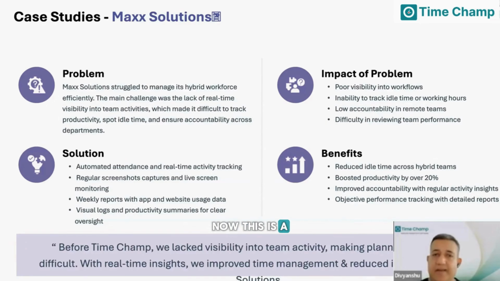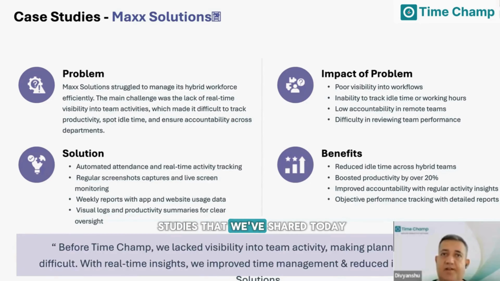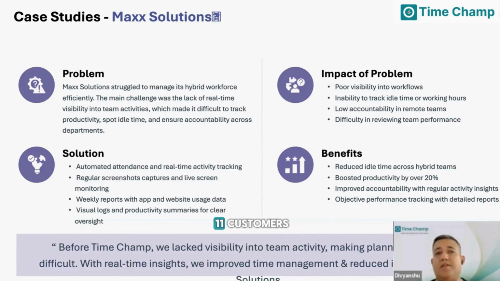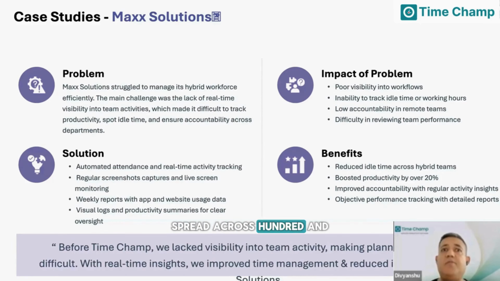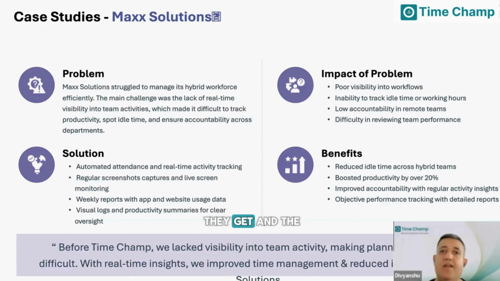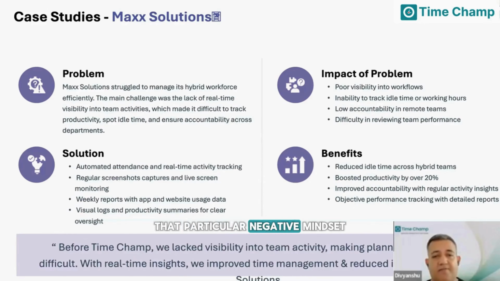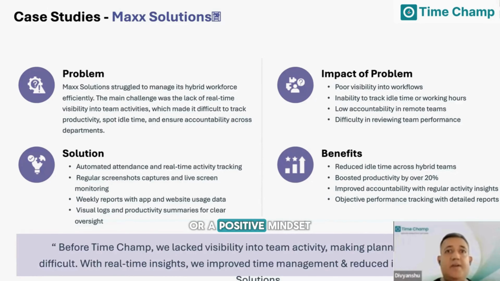Now, this is a sample size of 3 case studies that we've shared today. But we have about 1,100 customers spread across 127 countries. Having big companies with us, small companies with us, and medium sized companies with us, trusting us fully with their data, with the information that they get, and the reports that they can access. They completely turn that negative mindset into a positive mindset because now they have access to the reports, to the data.